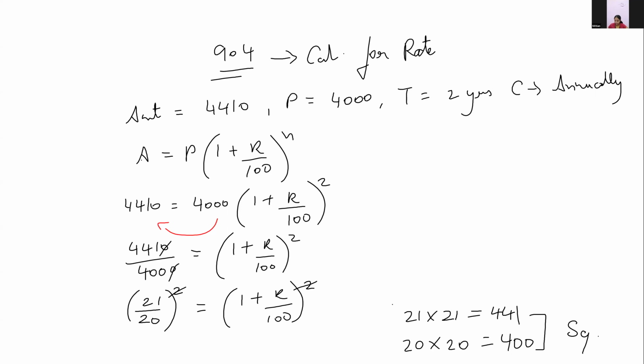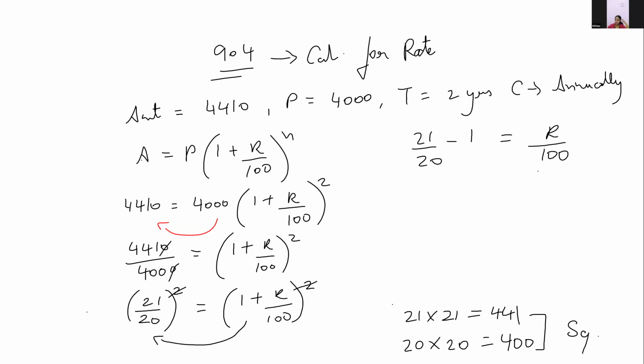Yes, that's right. So, Abraham, you will cancel the squares together. Now you can take this one on this side. Like I say, numbers on one side and variables on the other side. So 21 by 20 minus 1 equals R by 100.